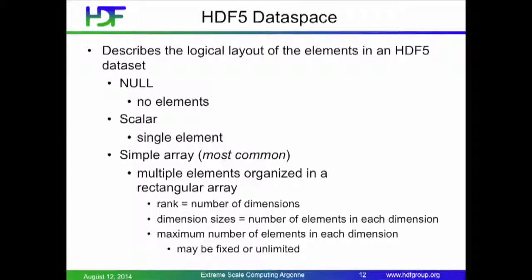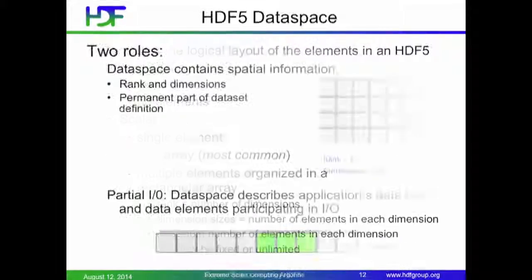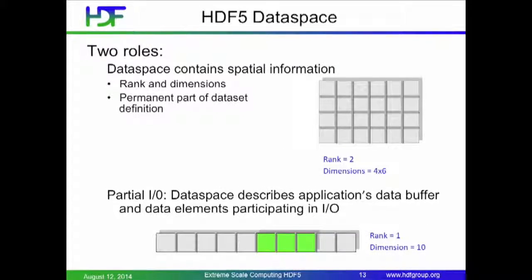You essentially have your rank, your dimension size, and you can also tell it the maximum size of this array. So you can either have an extendable array, or you can just have a fixed size array for your matrix. Data space really has 2 roles.